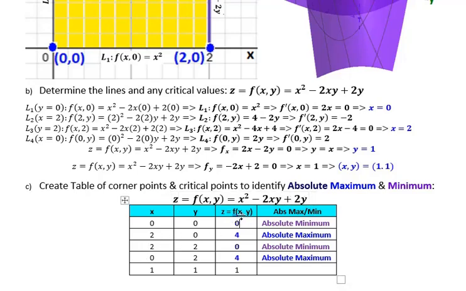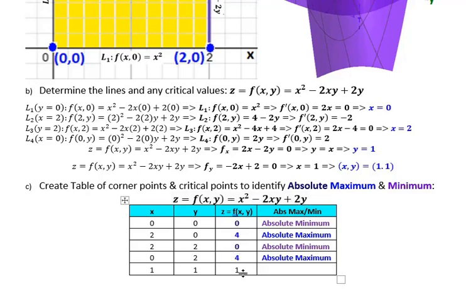At 2, 0, it is 2 squared minus 2 times 2 times 0 plus 2 times 0, which is 4. At 2, 2, it is 4 minus 8 plus 4, which is 0. At 0, 2, it is 0 minus 0 plus 4, which is 4. At 1, 1, it is 1 minus 2 plus 2, which is 1.